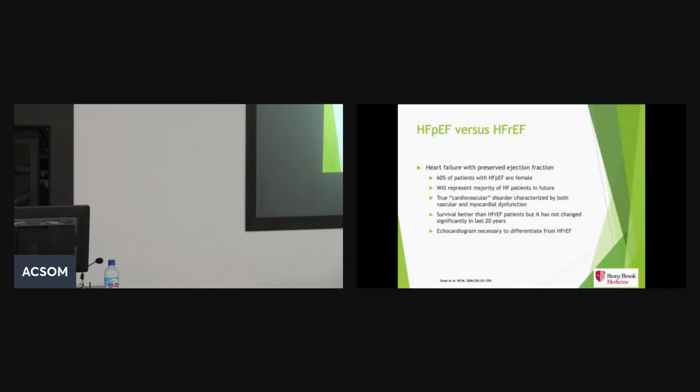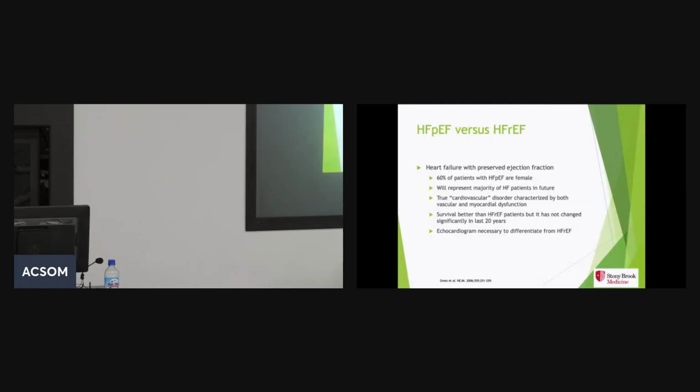But as you lose the elasticity of the left ventricle, you lose that gradient, right? Concentric hypertrophy, one of the sequelae of it is a concentric ventricle is less compliant. Long-term hypertension causes left ventricular hypertrophy.